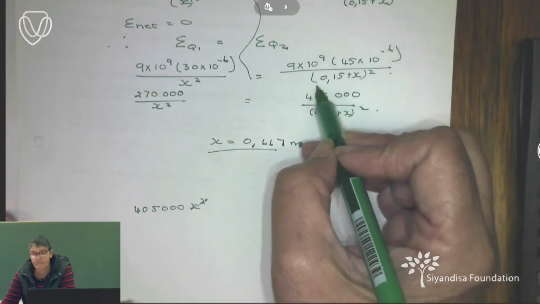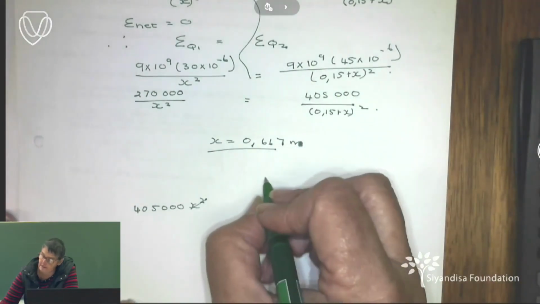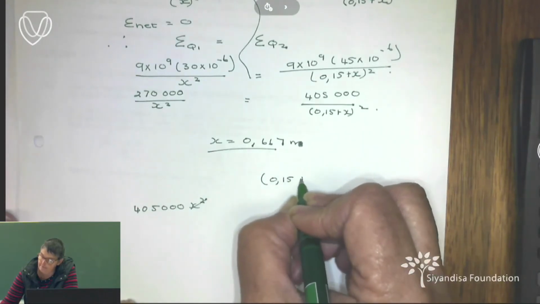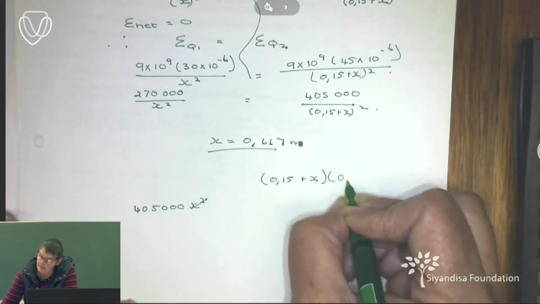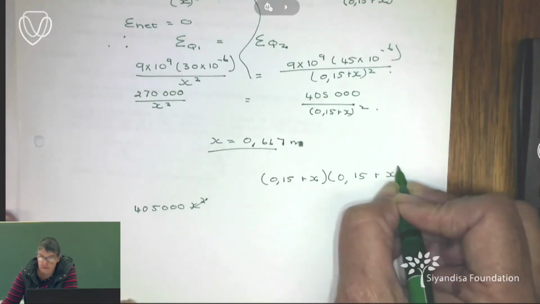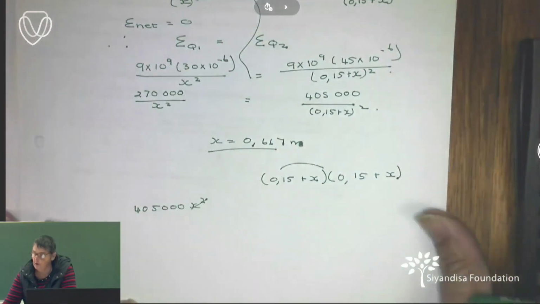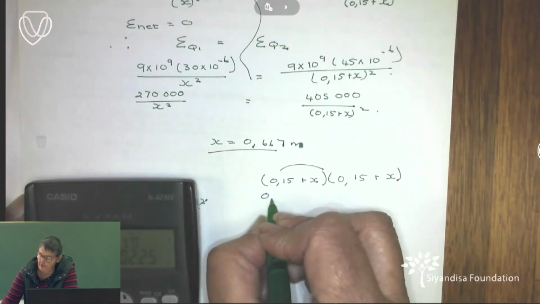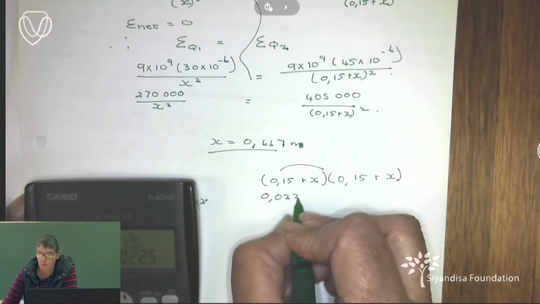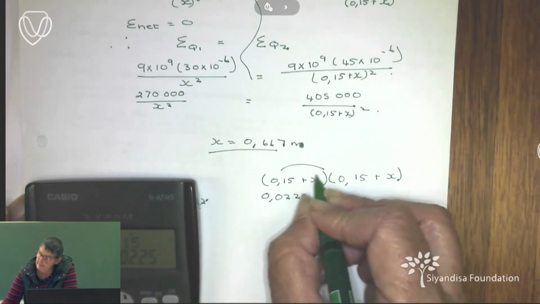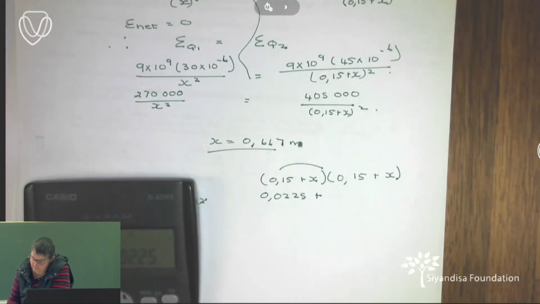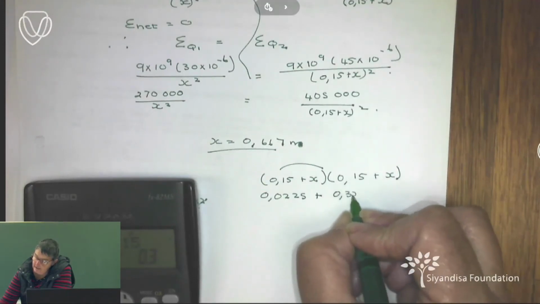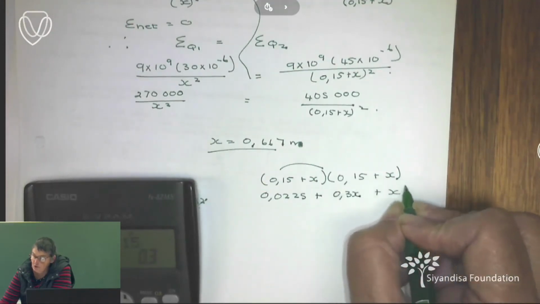The only thing you must remember is that if you wanted to make use of that, then you would have had to have (0.15 plus x) times (0.15 plus x), which would then give you 0.15 times 0.15, which would give me 0.0225, plus 0.15 plus 0.15, which would give us 0.3x plus x squared.